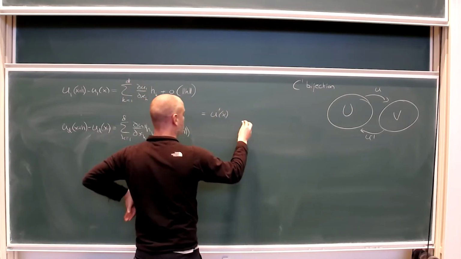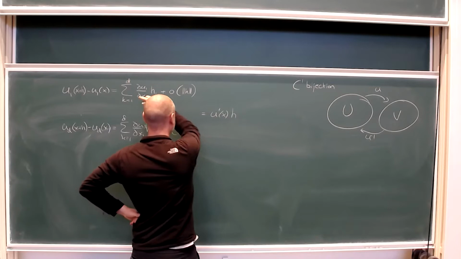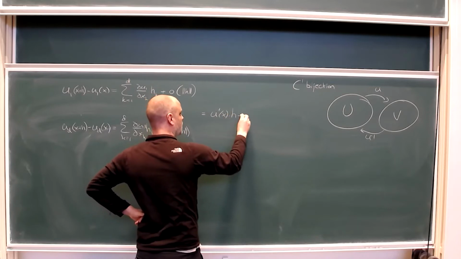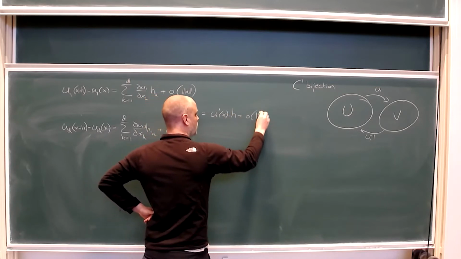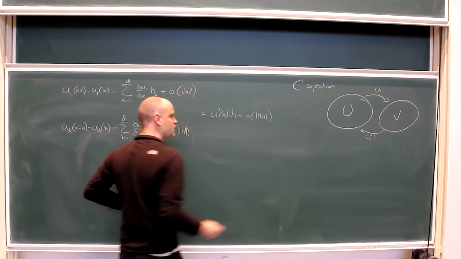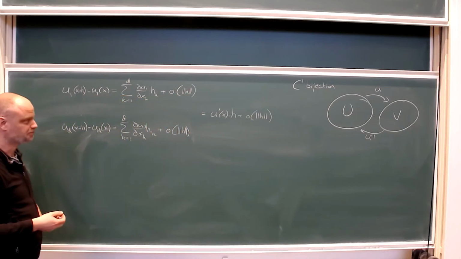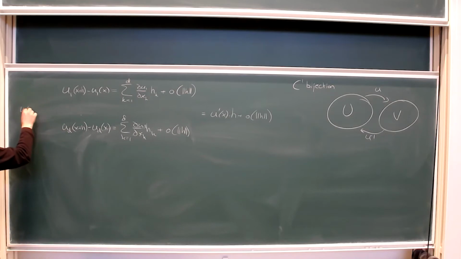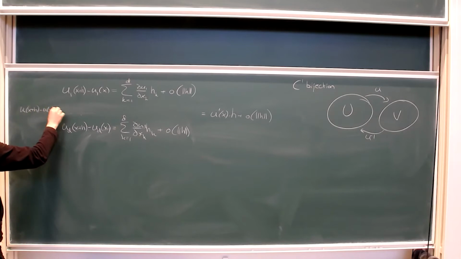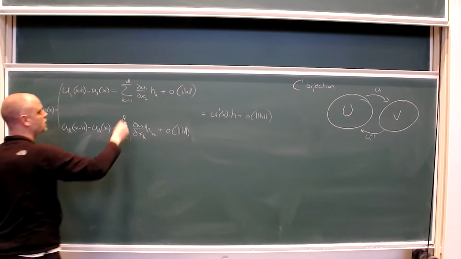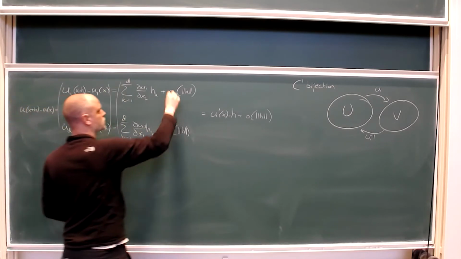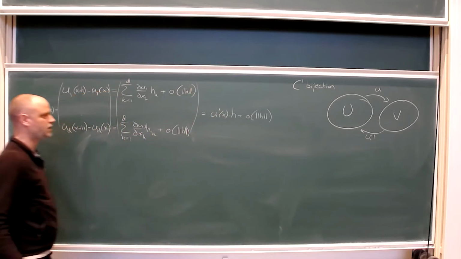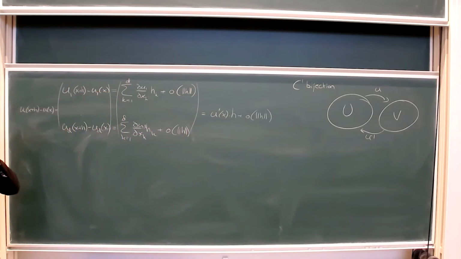It is implicit here that we evaluate at x. This is matrix vector multiplication. And then we just write plus o of h, where now o is like a vector o. And then on this side, we just write u of x plus h minus u of x equals to, so this is now vectors. So then we compress the notation.